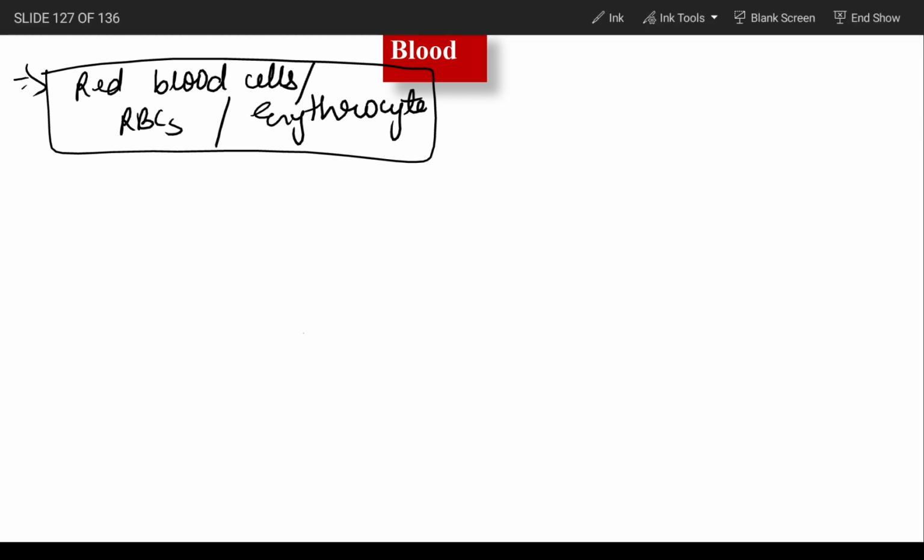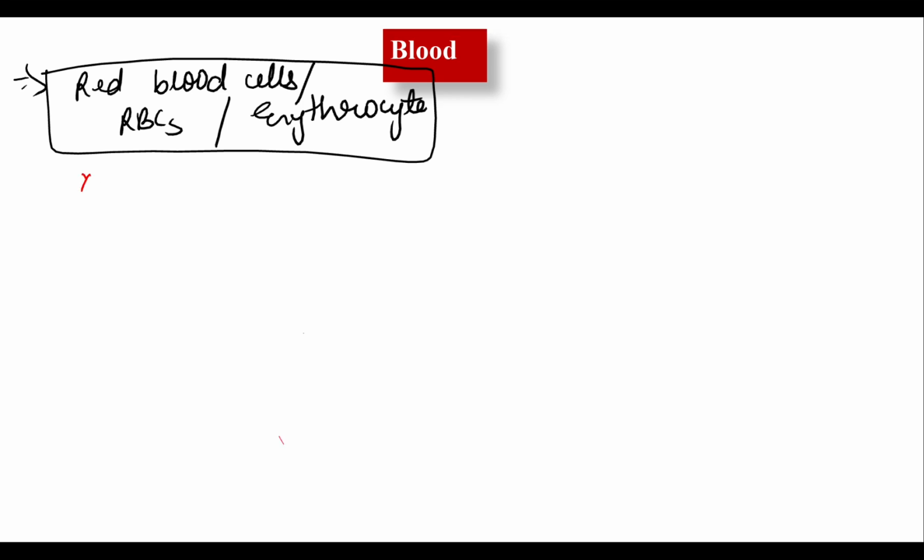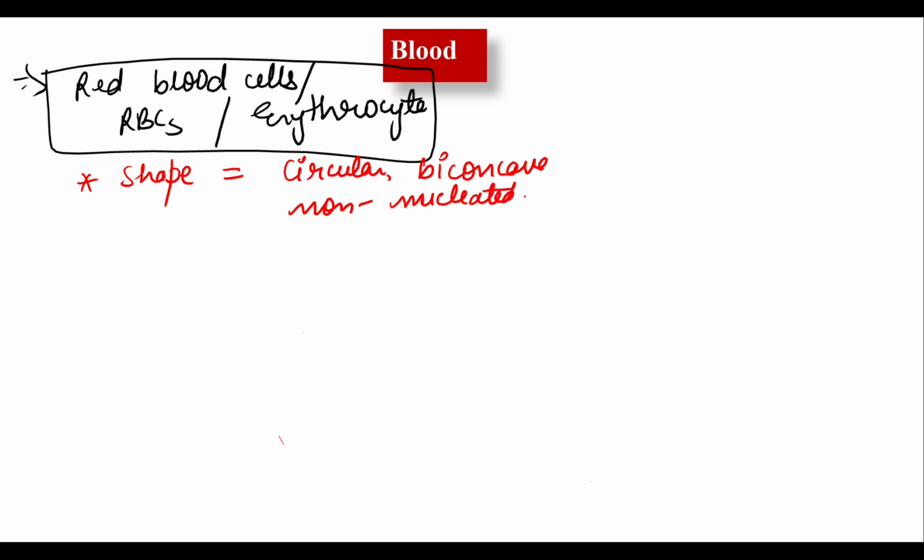Now if I'm talking about the shape of RBCs, write down shape: it is circular, biconcave and non-nucleated. Non-nucleated means there is no nucleus present inside it, okay.